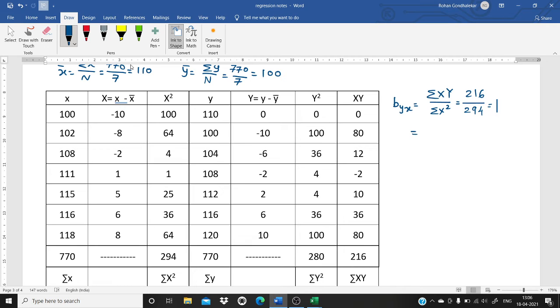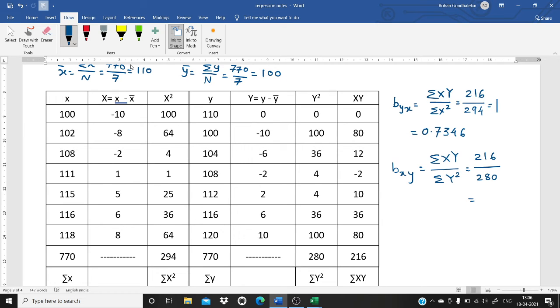We will write that value here: 0.7346. Now we are going to calculate bxy. Bxy is summation capital X into capital Y upon summation capital Y square, which is again the same, 216, divided by summation Y square. What is summation Y square? It is 280.